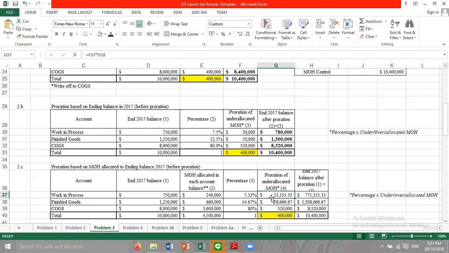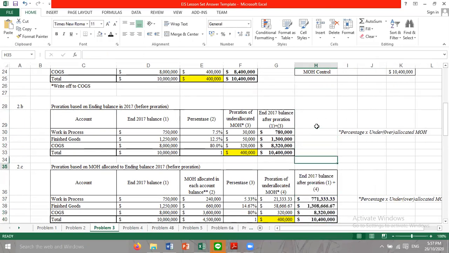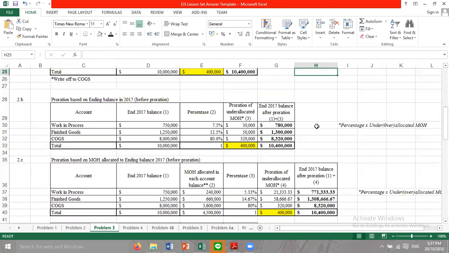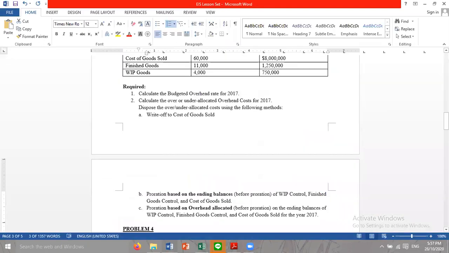And then with this proration data, we add it to the ending balance before proration to get the ending balance after proration. And then this will be the final answer. All right, that's practically problem 3.